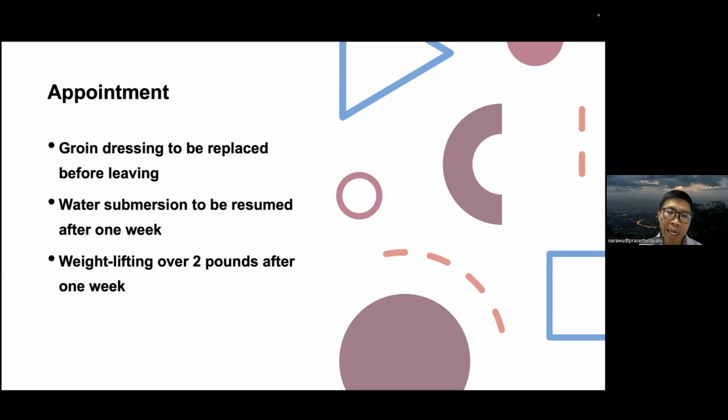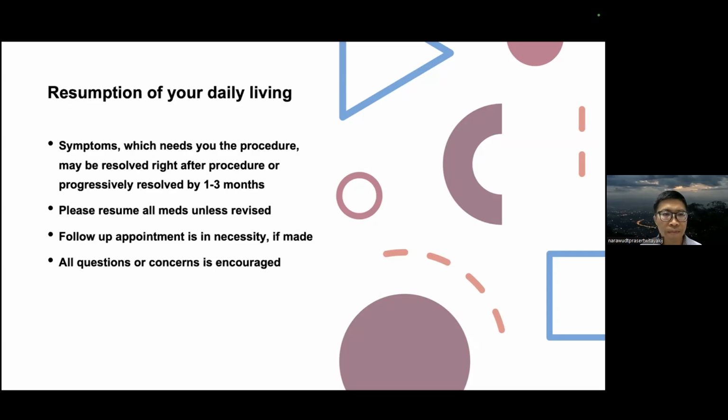But any weight lifting over 2 pounds before 1 week is not encouraged. Anyway, you may take a shower because the waterproof dressing will allow 24 hours of water prevention. And after 24 hours, you may let the incision get wet. Or if the plaster is gone before that, you can remove it by 1 week.